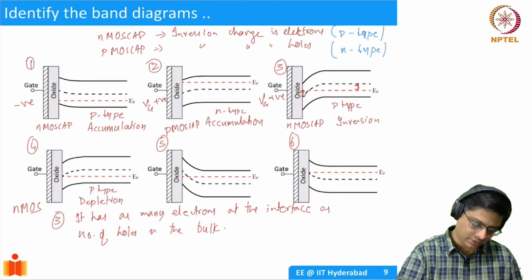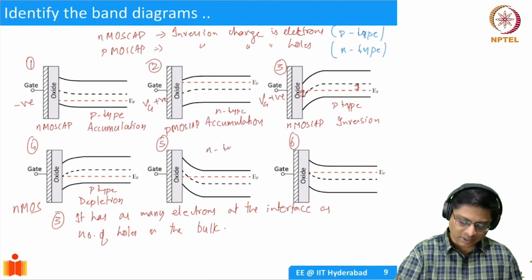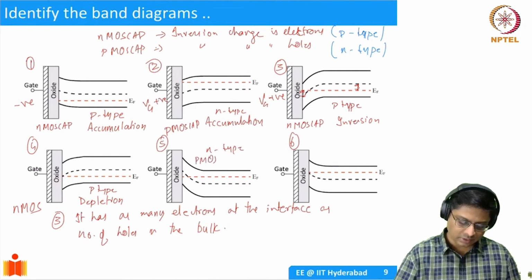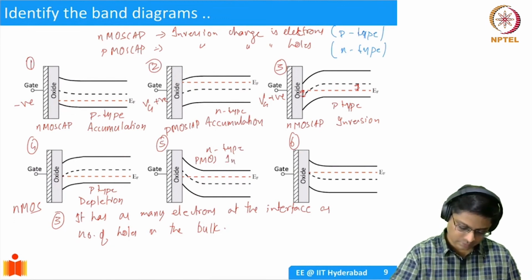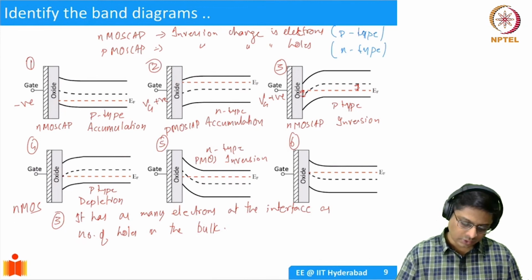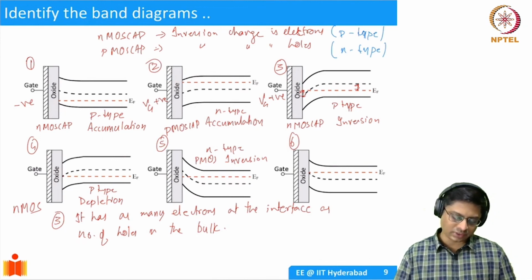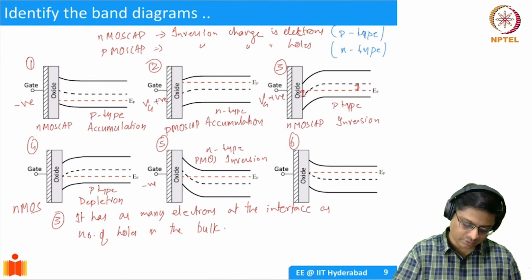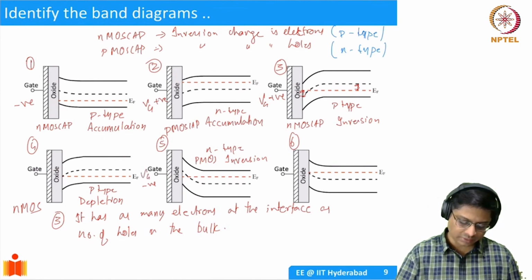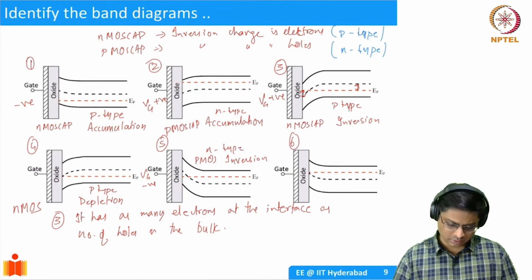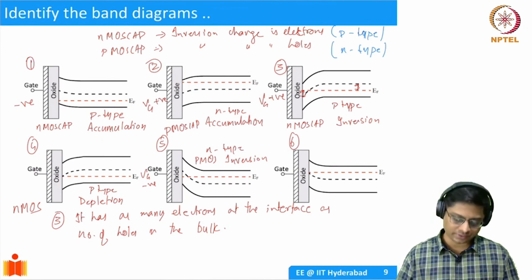And then this is an N-type substrate, so it's a PMOS device, and we are having inversion. If you want to have a PMOS device in inversion, you need to have a negative voltage, large negative, so that you can have holes at the surface.